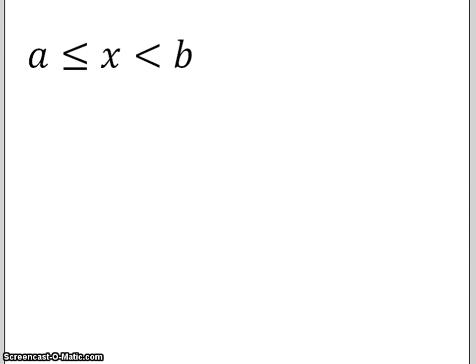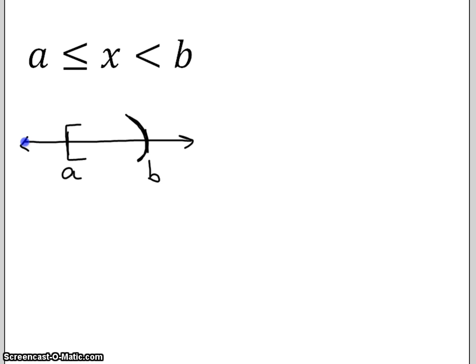Okay, let's look at another one. Again, it's A to B. Let's look at the graph first. x can be any number between A and B, including A but not including B. See, this x is less than B?